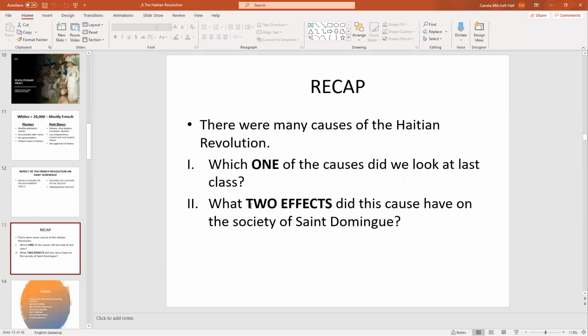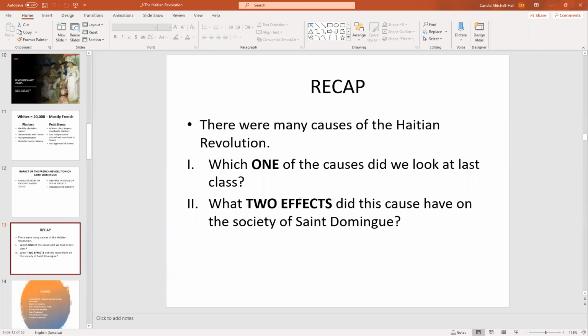Now, there are two effects of the French Revolution on the colony of Saint-Domingue. What are those two effects? The student before would have mentioned one.